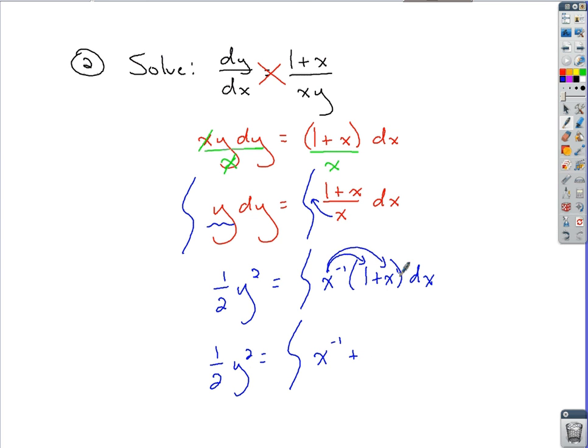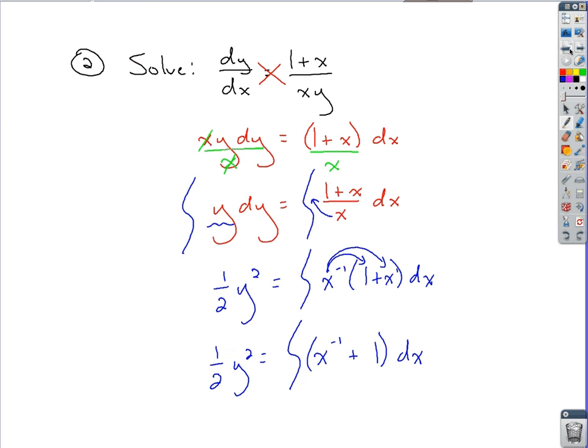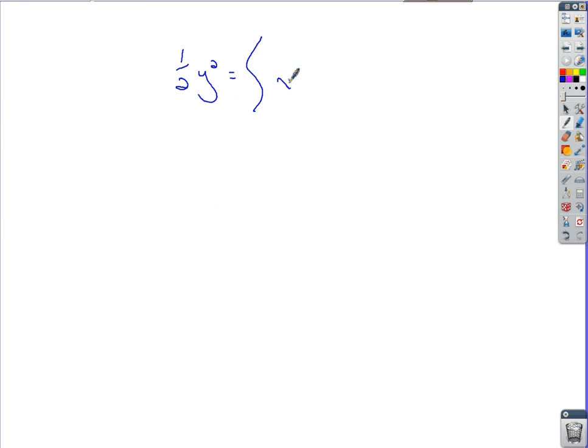If you add your exponents, you've got x to the 0. So that's just going to be 1. So there's what I need to take the antiderivative of. I'm going to go ahead and carry this over to the next page since we're running out of room. Let's see, what am I carrying over? X to the negative first plus 1 dx.